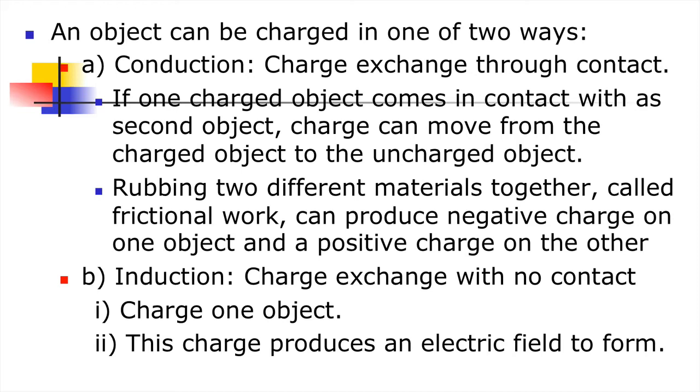Neutral means the number of electrons and the number of protons in that object are the same. Now the question is, how do we normally charge objects? How do we make one object positively charged? How do we make another object positively charged?